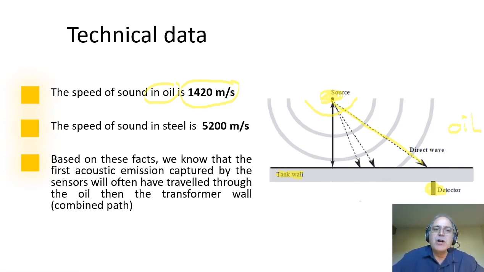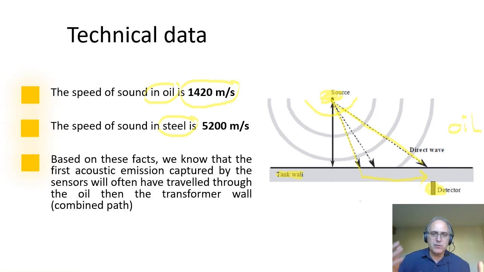But as we know, the speed of sound in steel is about 4 times quicker. So we have another path, where we travel less time at low speed in oil, and then we travel faster in the steel.